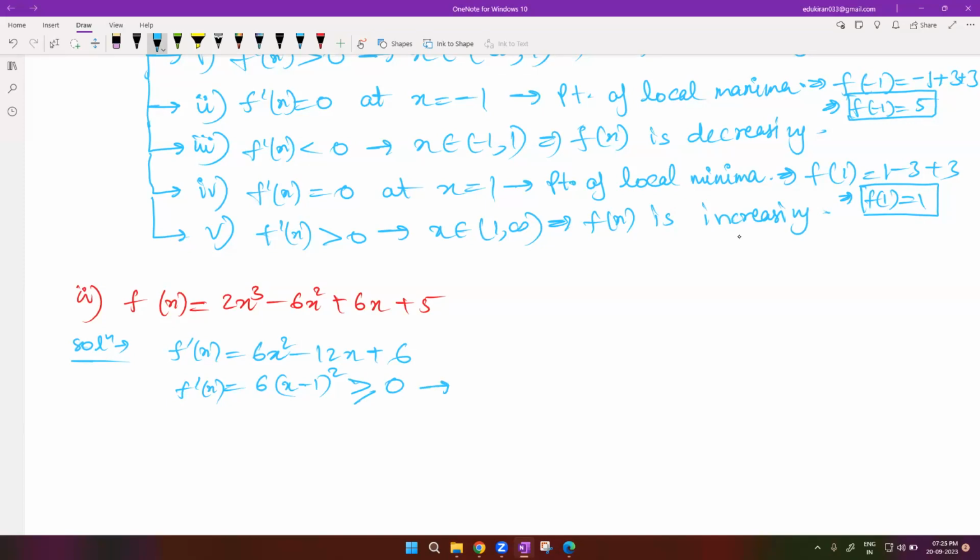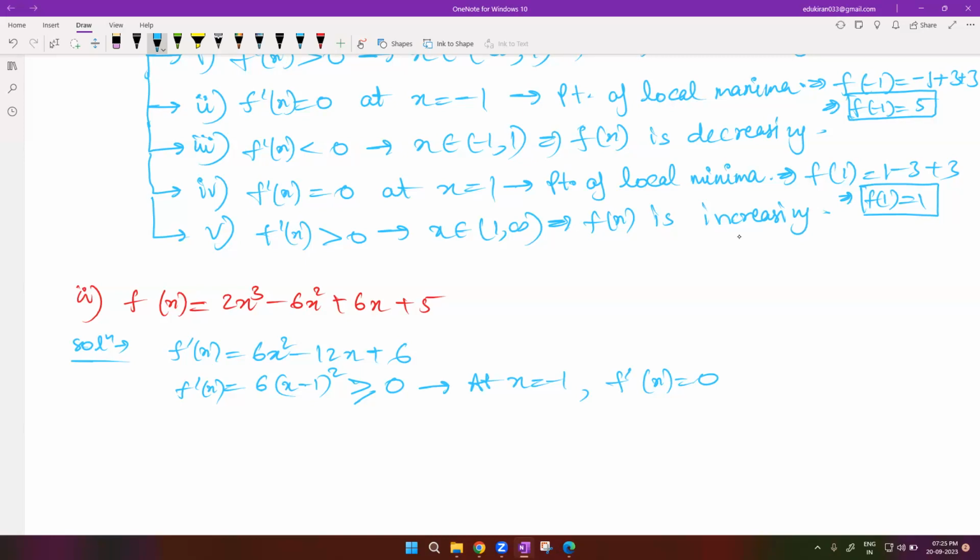There is only one point, at x equals 1, where your f dash x would be 0. But as the value of f dash x is always positive, there is no point of local minima or local maxima.